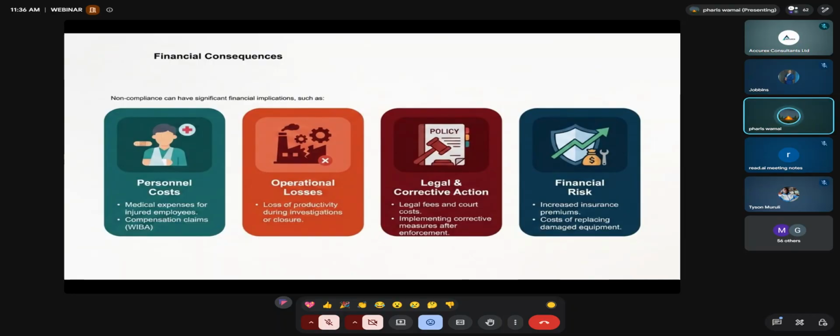We have loss of production during investigation or closure. And obviously, the moment you are found to be a company or a workplace that is high risk, there is always potential that the WIBA provider is going to increase the insurance premiums.